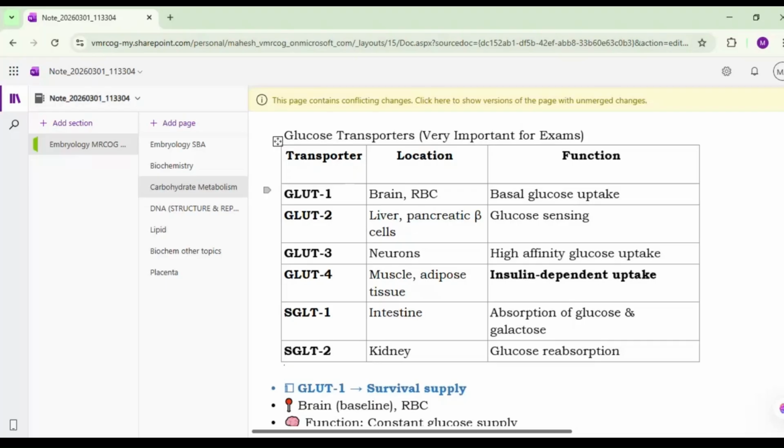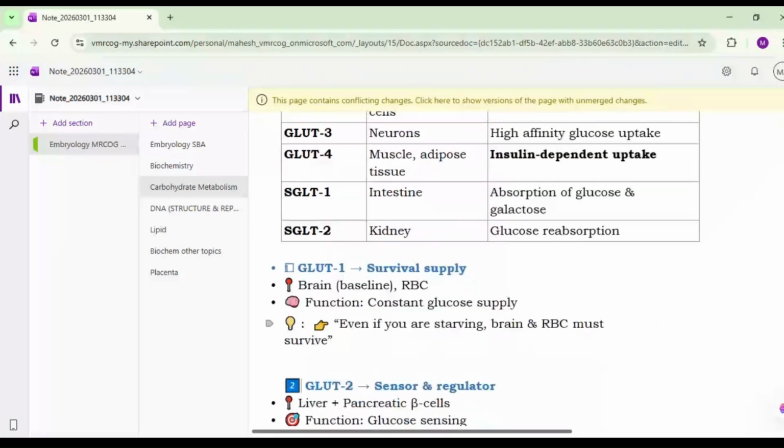GLUT1 in the brain and RBCs, GLUT2 liver and pancreas, where they act as sensors. GLUT3 is neurons, which has a high affinity for glucose uptake. GLUT4 is insulin dependent and present in the muscle and adipose tissue, while SGLT1 we have seen in the intestine and SGLT2 is present in the kidney. So you will remember this.